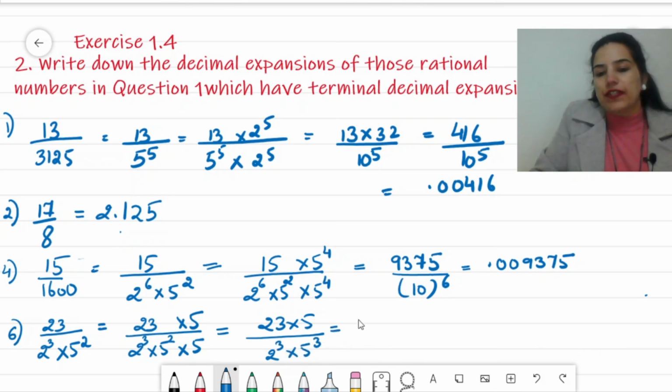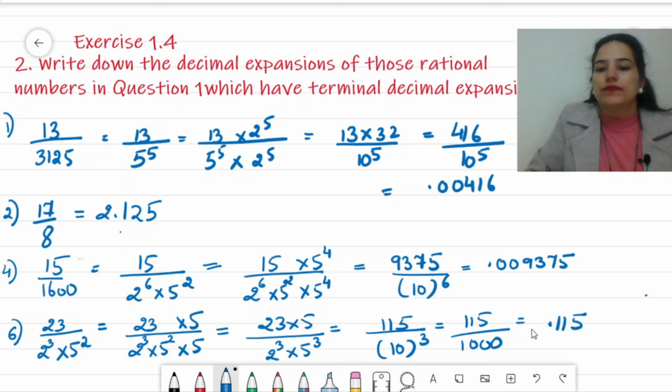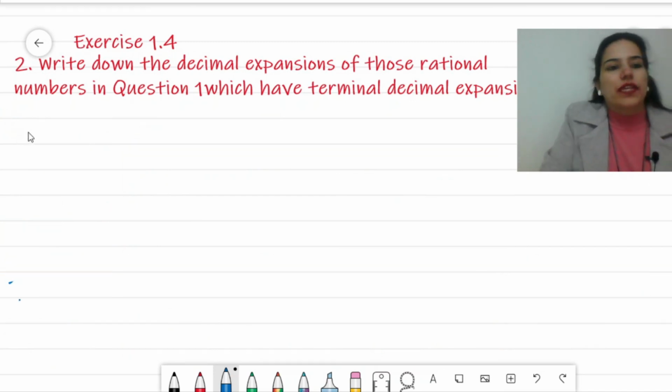And if I simplify the numerator, I will get 115 upon 10 cube. So just shift 3 places of decimals, and 0.115 is your answer.